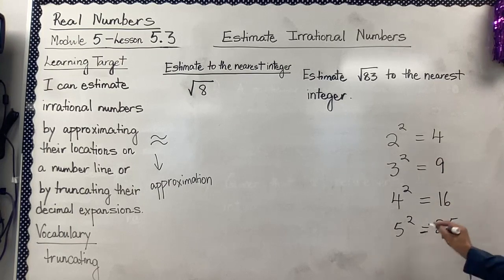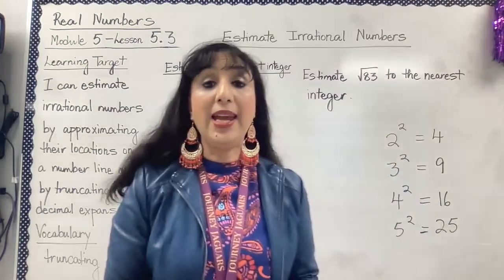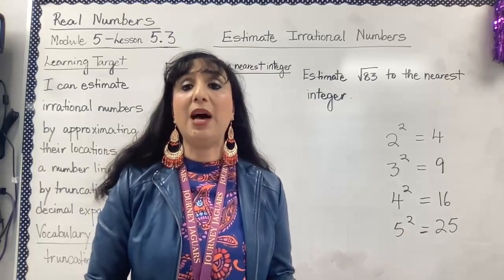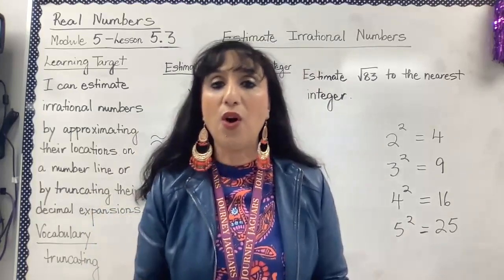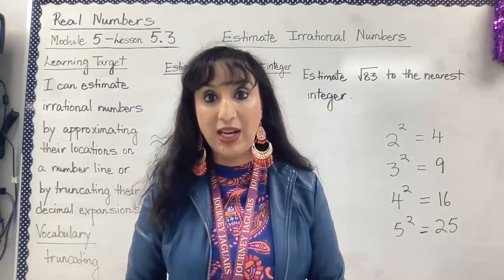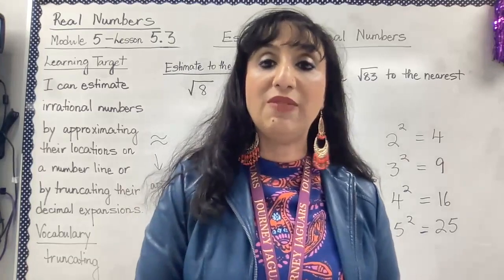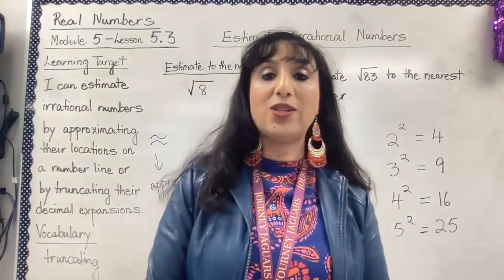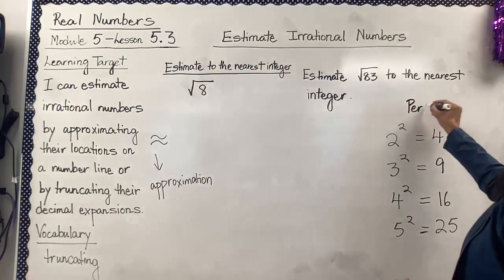All right, so when we don't have that decimal portion and we get an integer, these are perfect squares. That means what is the square root of 4? I'm going to get 2. What is the square root of 9? I'm going to get 3. Square root of 16 is 4, and square root of 25 is 5. Square root of 36 is 6, and so on. All right, so that is what perfect squares are.